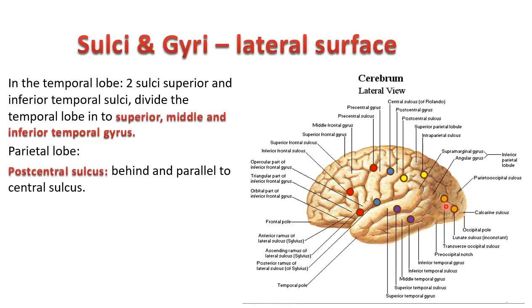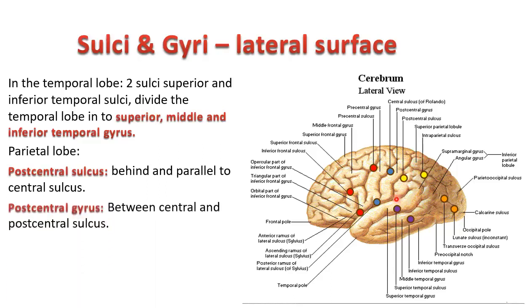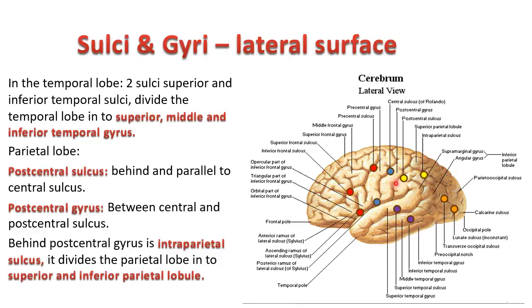So the postcentral sulcus is seen behind and parallel to the central sulcus. The area between the postcentral sulcus and central sulcus is called the postcentral gyrus. Next, behind the postcentral gyrus, you see the intraparietal sulcus.